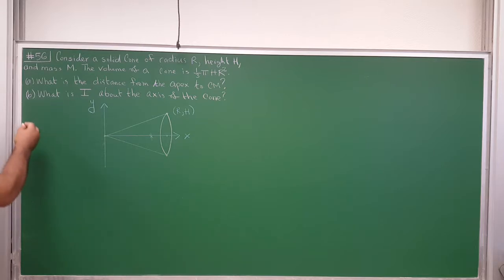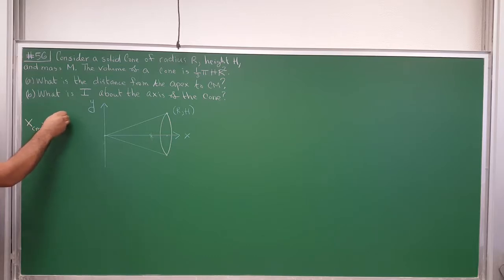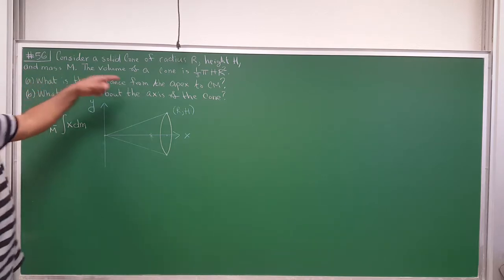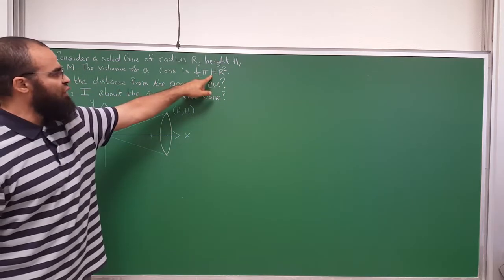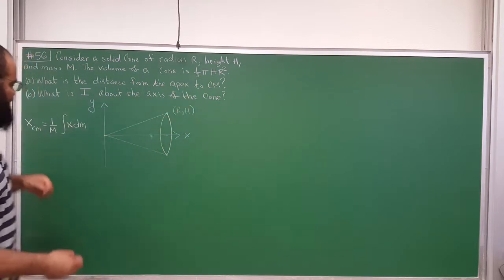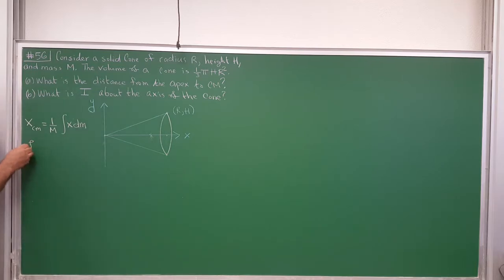And remember that the center of mass, x center of mass, will equal 1 over the total mass times the integral of x dm. This cone has a mass capital M, and this is the volume of the cone, so it will have a density. I will call the density rho.